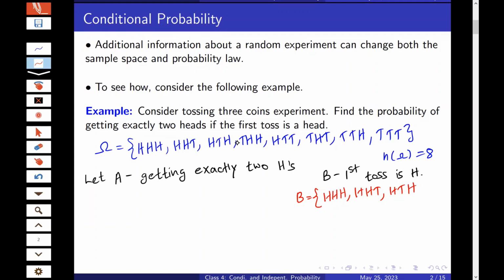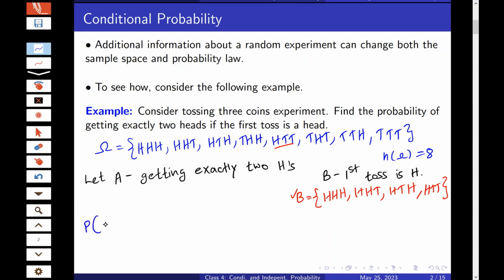So these are all the possible outcomes for first toss is head. Now the question asks, what is the probability of getting exactly 2 heads if the first toss is a head? That means if this happens, what is the probability of getting 2 heads?